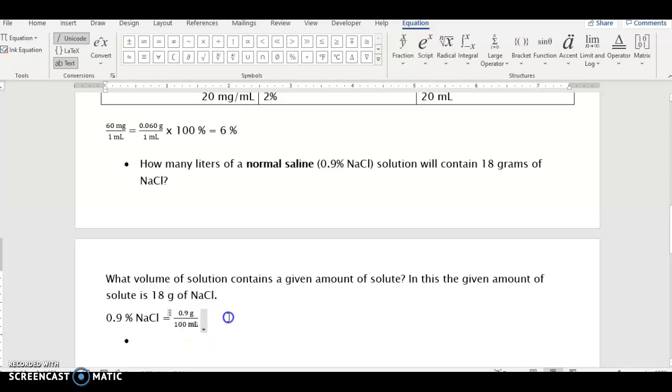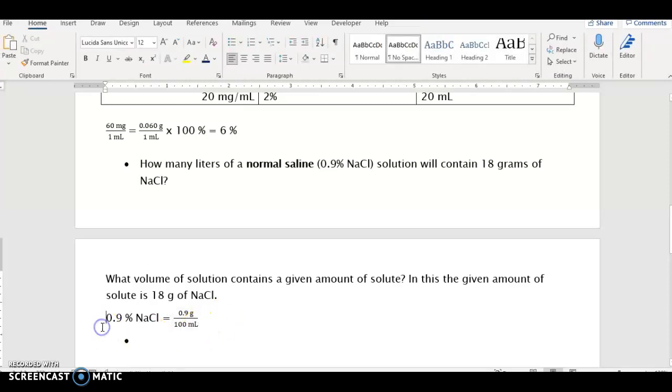This is the strength of our normal saline solution. Using the dimensional analysis approach, we're going to start with the 18 grams. Because I want to know the number of milliliters of solution, I want to cancel out the units of grams.